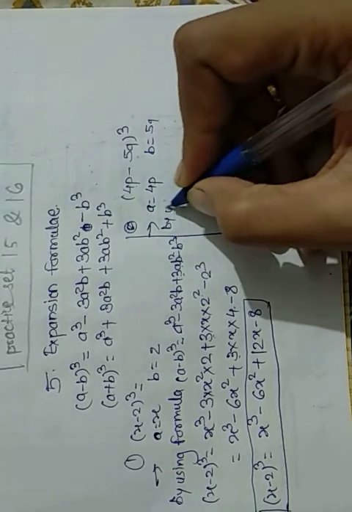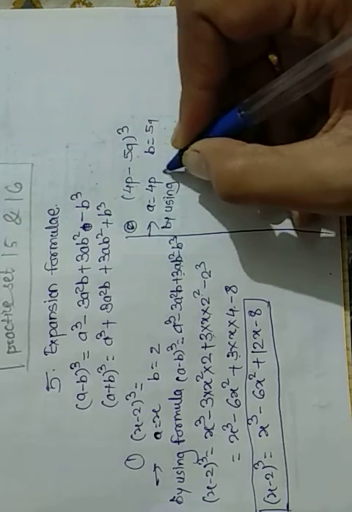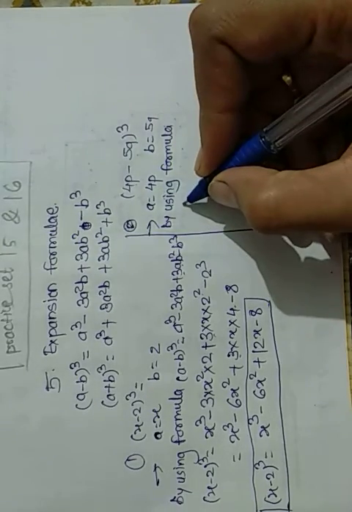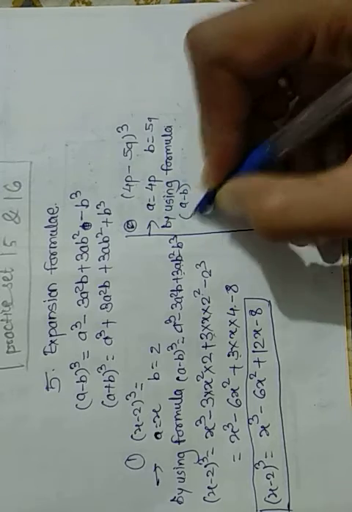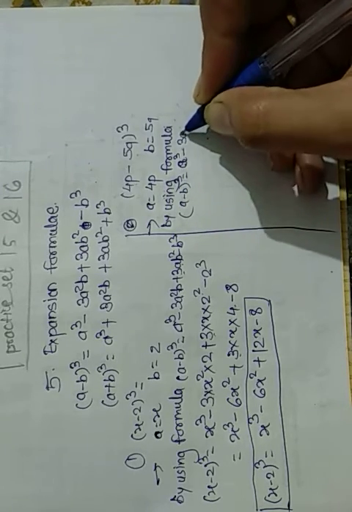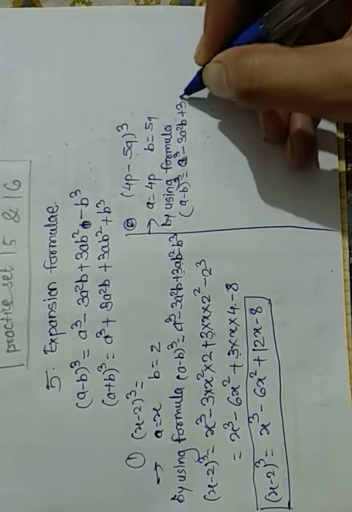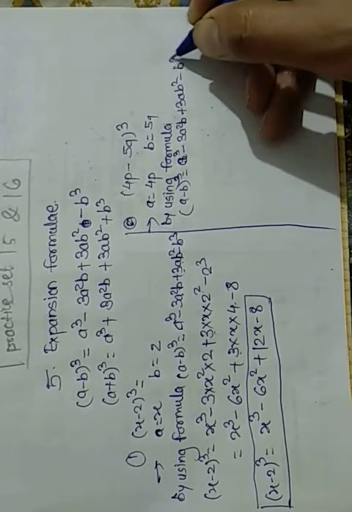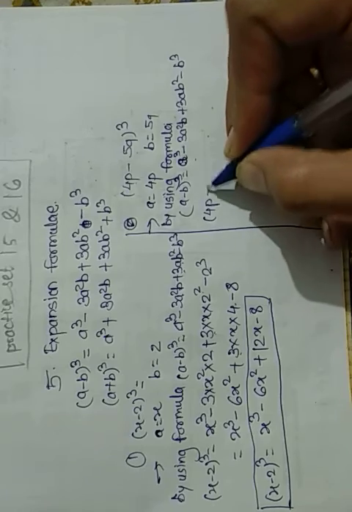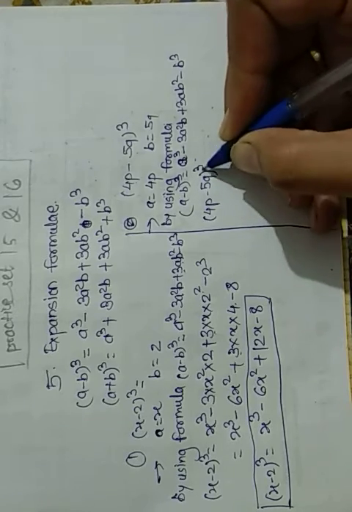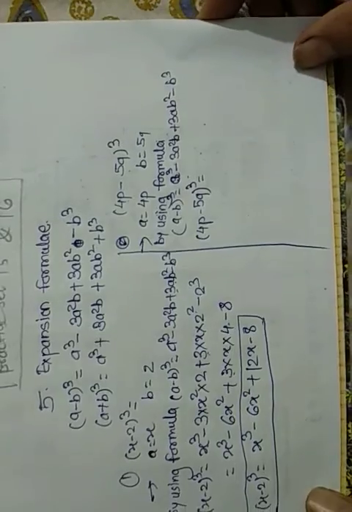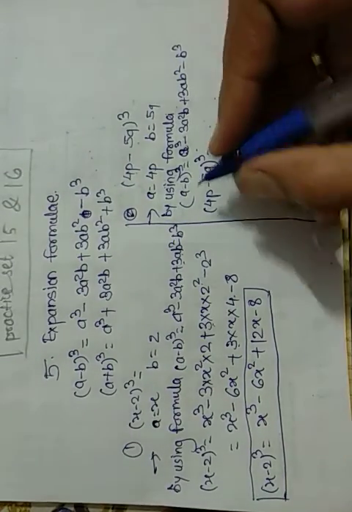Now by using the formula, (a − b)³ is equal to a³ − 3a²b + 3ab² − b³. Put here the values of a and b. Here the value of a is 4p and the value of b is 5q.